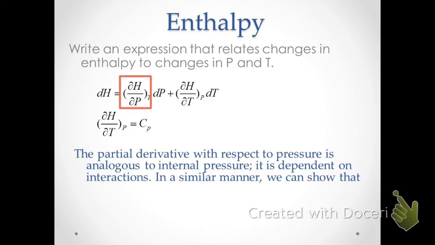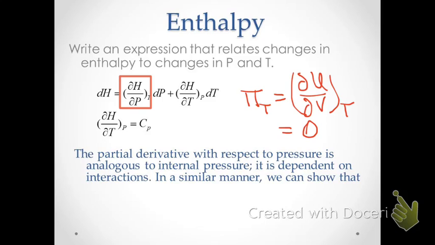If you'll recall, we defined the internal pressure as the derivative of U with respect to volume under constant temperature conditions. And we noted that for an ideal gas that was equal to 0, because this is a term that's based on interactions. So the internal pressure was equal to 0 for an ideal gas, as we discussed earlier.